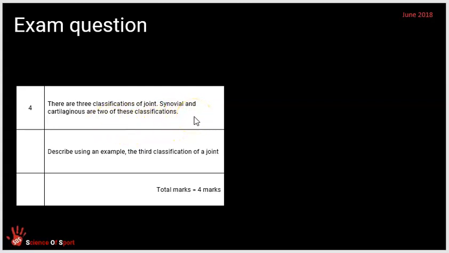So it's claimed 2, and pretty much what it then asks you to do is describe, using an example, the 3rd classification of joint. So what you need to recognize already is that if you don't use an example, you're going to lose marks, and it wants you to describe the other relating to that example. And it's identified there are 4 marks available for this answer.